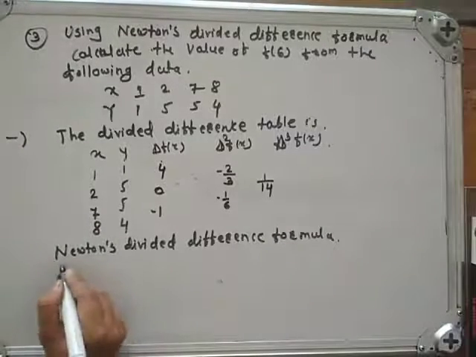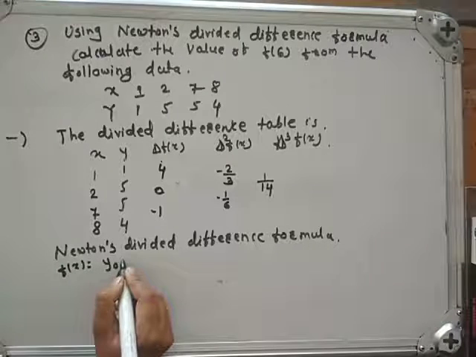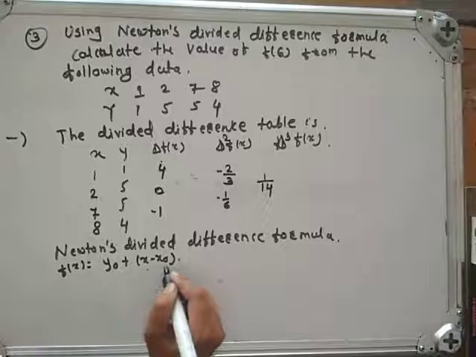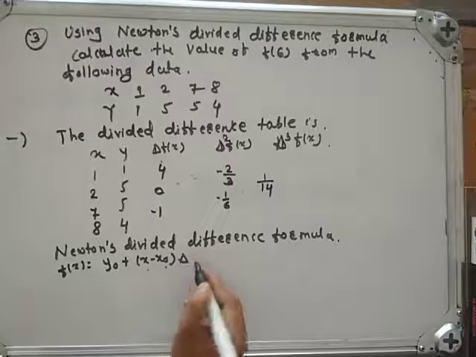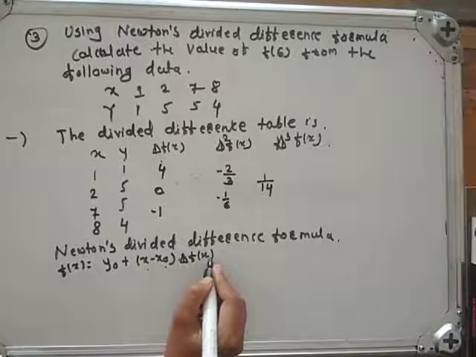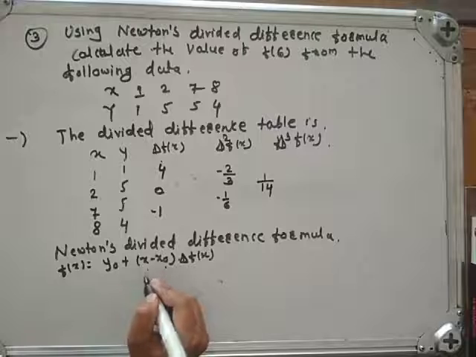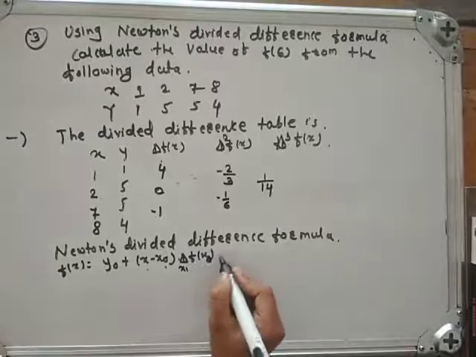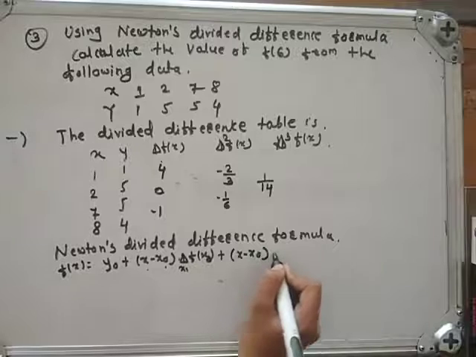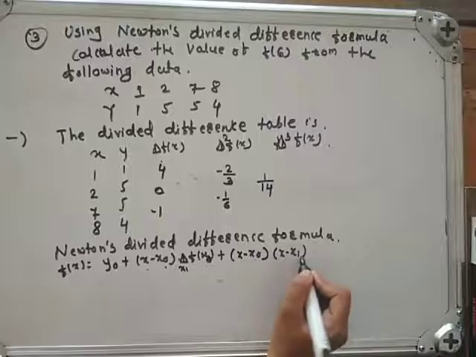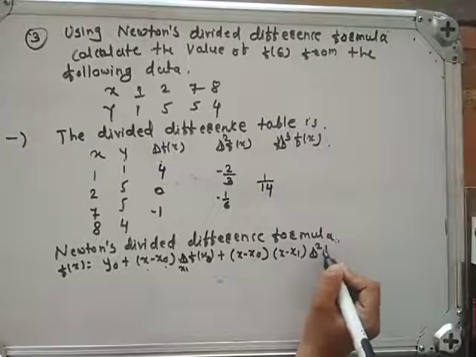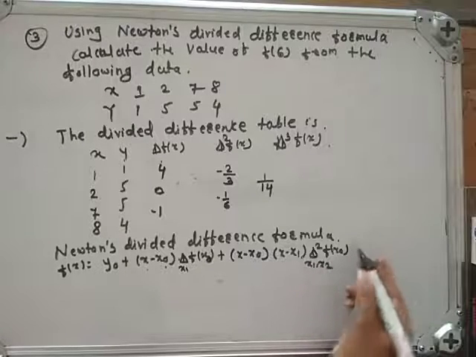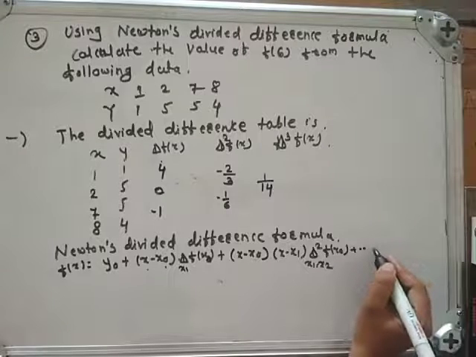The formula is f of x is equal to y0 plus x minus x0 into the first divided difference of x1 and x0, plus x minus x0 into x minus x1 into the second divided difference for x0, x1, x2, plus and so on.